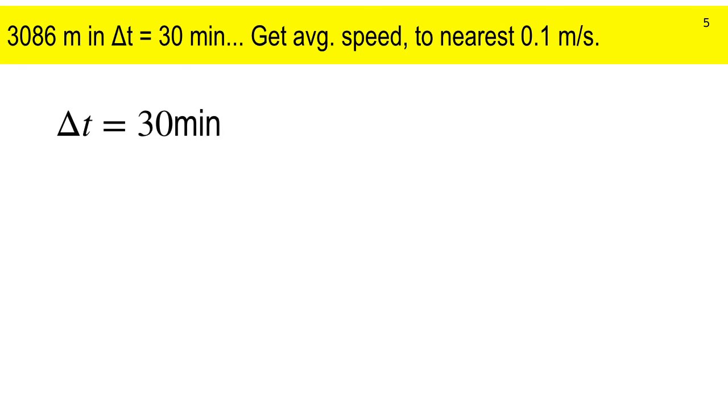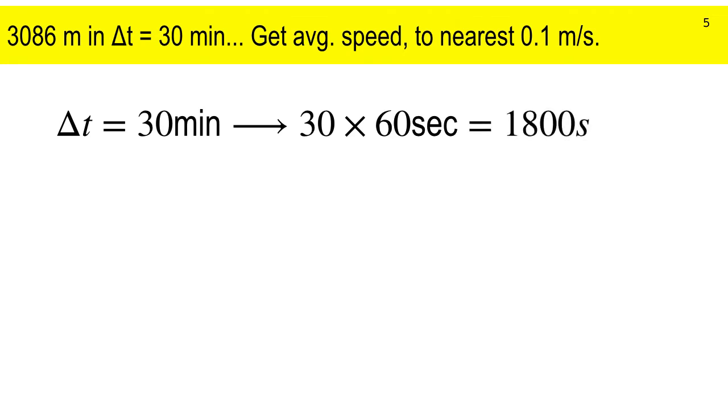So jot this down: 30 minutes, 60 seconds per minute. Just multiply that number by 60, and that'll be the number of seconds. That goes in for your elapsed time, delta t. So 1800 seconds.